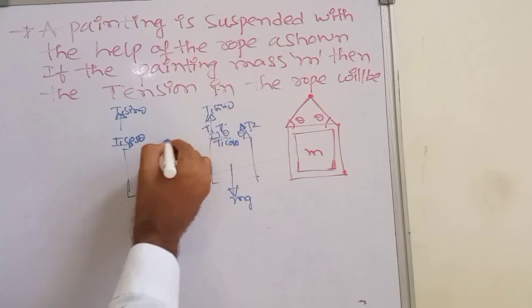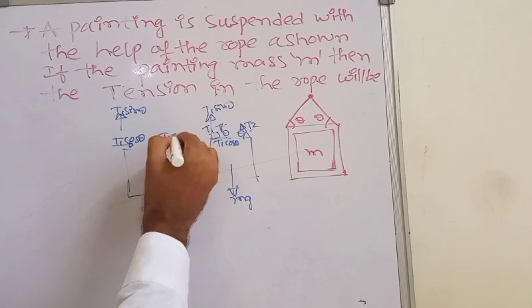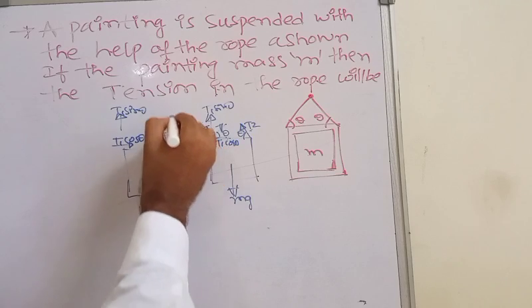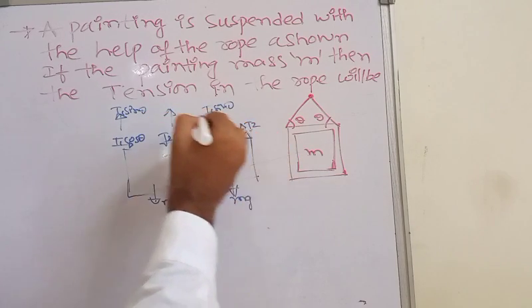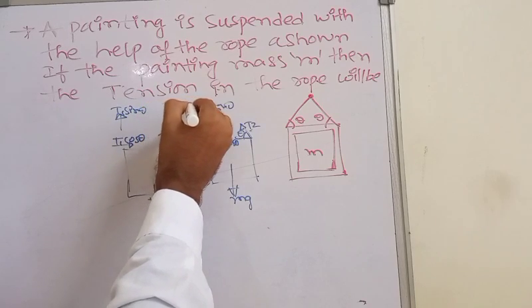Next, this is T2. Again we divide this T2 into two components: T2 cos theta and T2 sin theta.